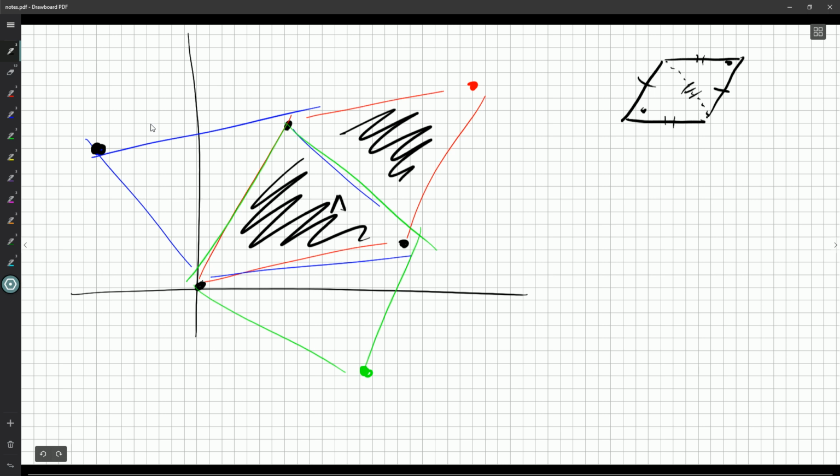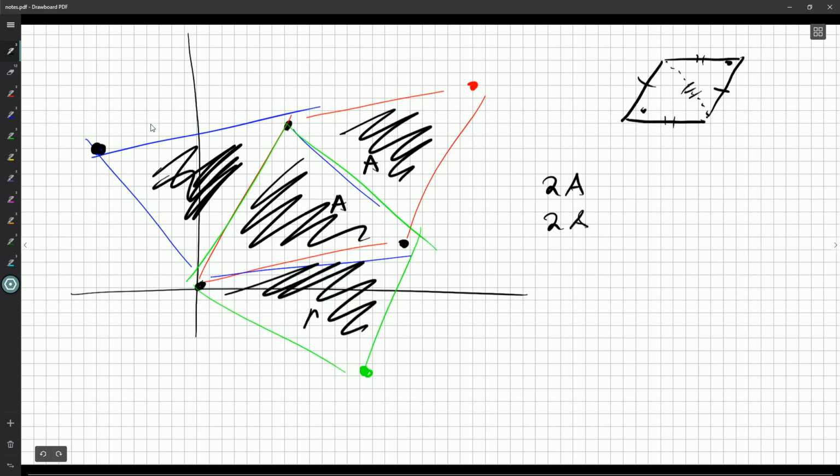If I call this area A, we still get A over here, and so my parallelogram is 2A. We get the same triangle over here as well, so the blue parallelogram has an area of 2A, two of these triangles. And this triangle down here is again congruent. They're all congruent to this triangle, and that's why it doesn't matter which point it is.